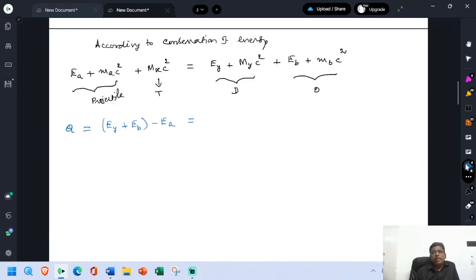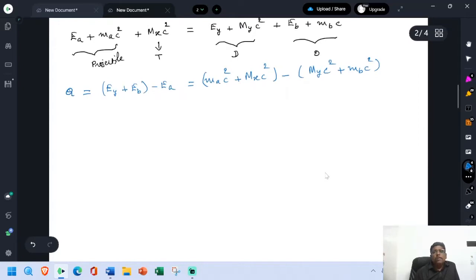Then shift the rest of the terms to this side. Then minus EA is equal to mAc square plus mxc square minus myc square plus mbc square.